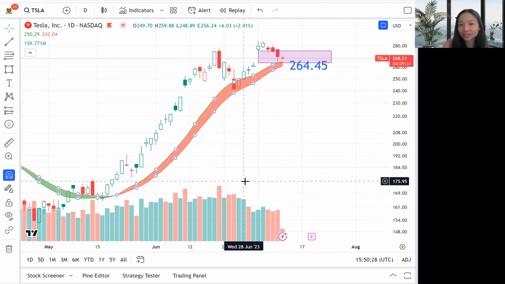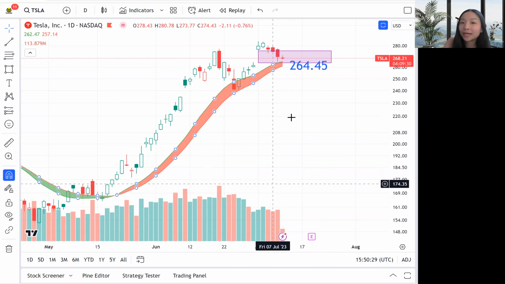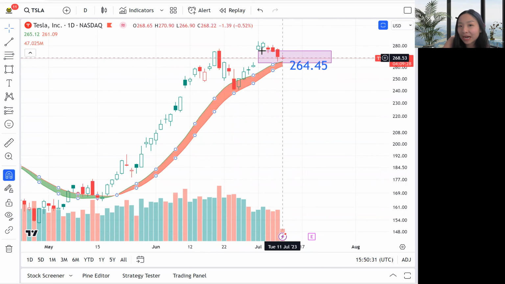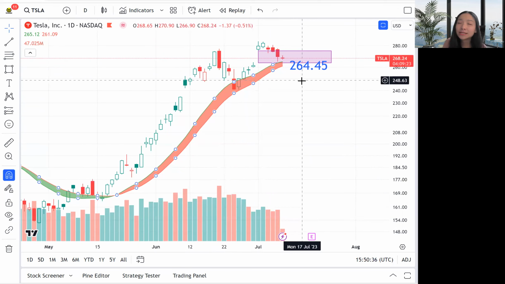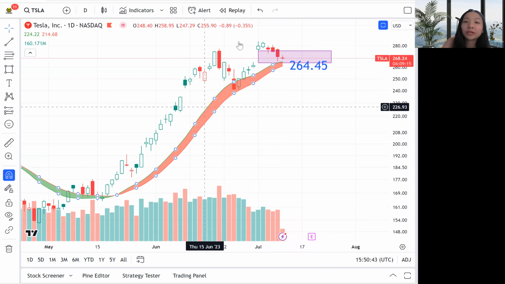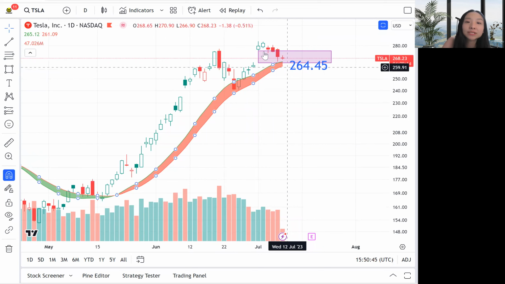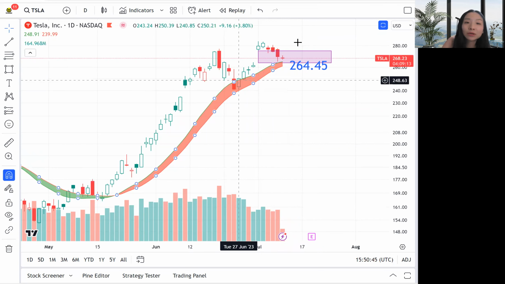The big organizations are not selling. But let's see how it goes, because if the price keeps going down, sometimes they make the price fluctuate so that they can buy more. So far, we are still in the strong trend. We just need a confirmation, a signal to buy in.